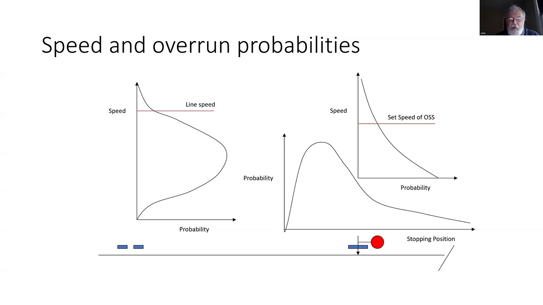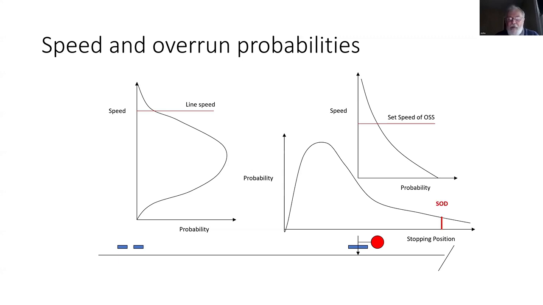And from all of that, we can calculate a probability of where a train will stop based on an intervention occurring for either reason. And that probability curve shows that most trains will stop on the approach to the red signal, but a few may go past. But the further past the signal, the lower the probability.